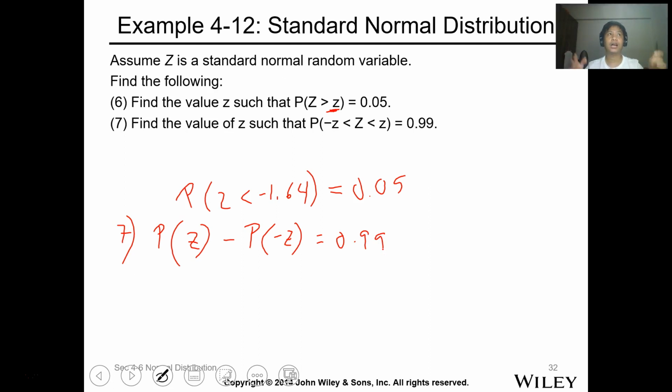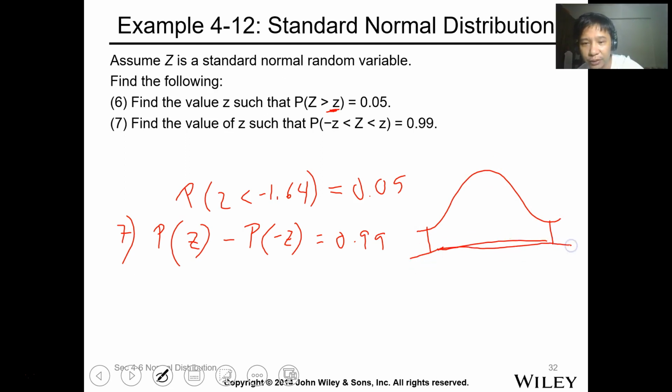Now, alam natin na symmetrical yung value niya. So, pareho yung value ng Z. So, this is negative Z. This is positive Z. Okay? And we know that this is 99% yung probability na yan. So, ito, tsaka ito, ang total probability niya ay 1%. So, pag dinivide nyo sa dalawa yung 1%, this is 0.5%.